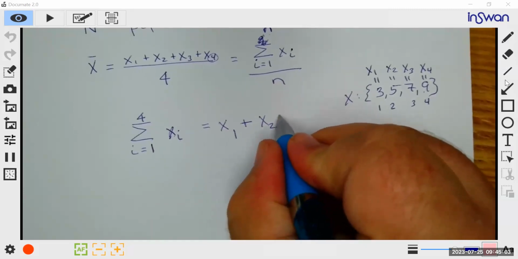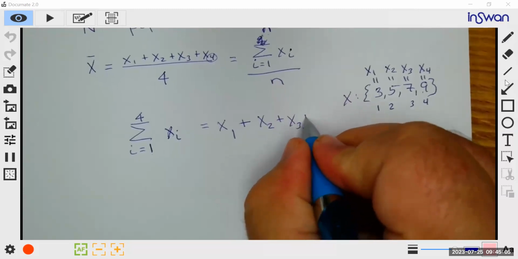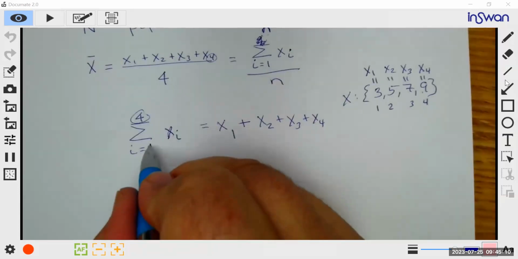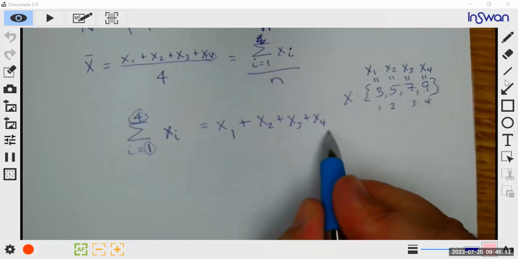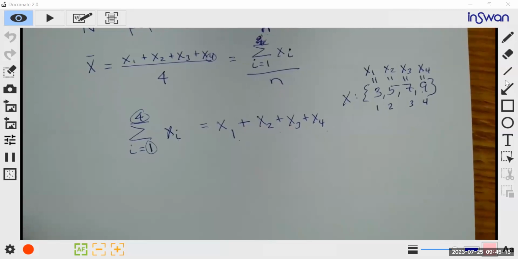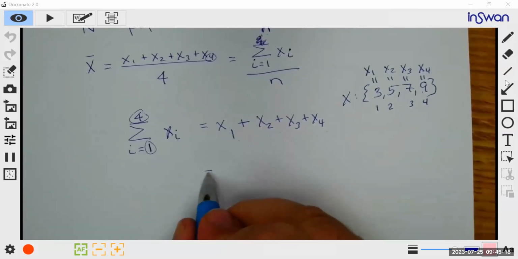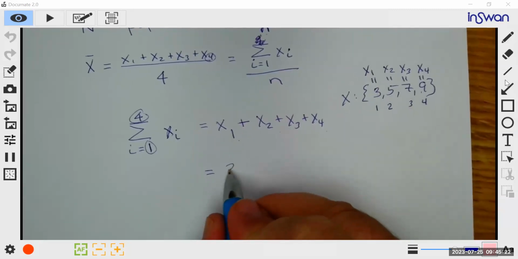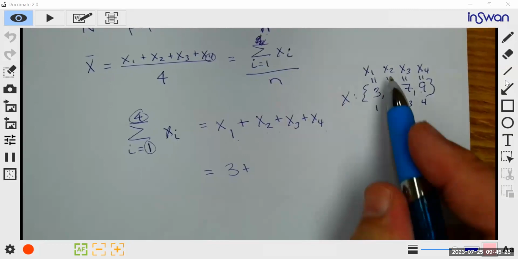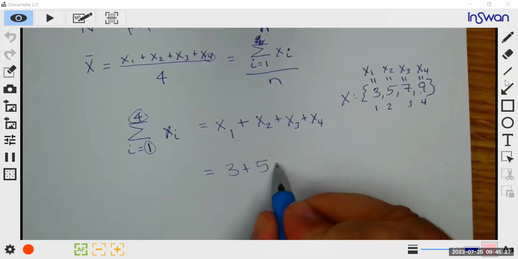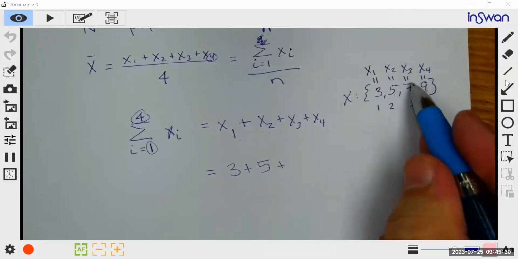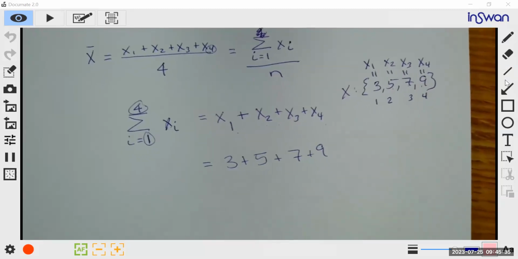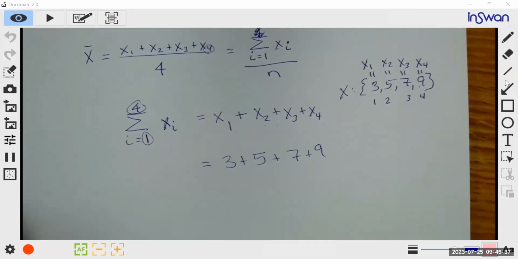X sub 2. Then what's the next one? X sub 3. Then X sub, it stops at 4. So it starts at 1 and it goes to 4. 1, 2, 3, 4. And I add all those numbers in there. So what is X sub 1? X sub 1 is 3. X sub 2 is 5. X sub 3 is 7. And X sub 4 is 9. So that's what it tells us. That's how you read it.